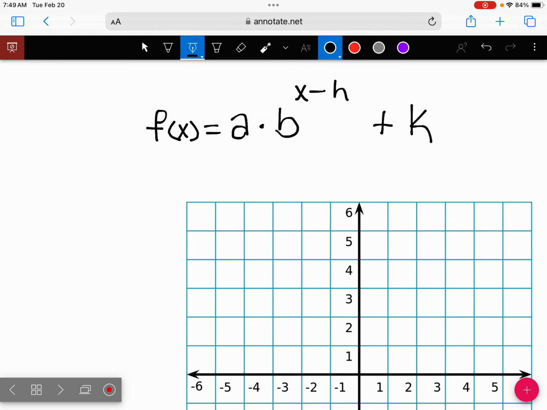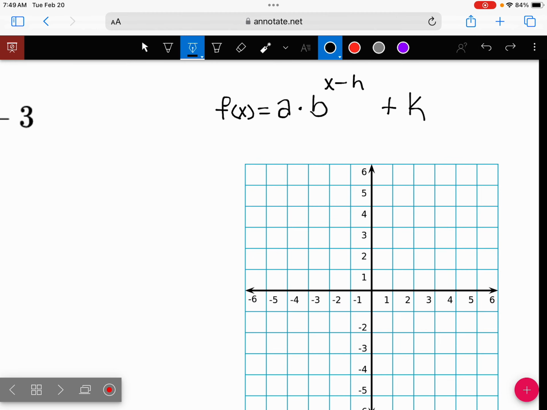So we do have a new letter here, but b is just our base. So b to the x is always going to be your parent. So this tells you everything else. So the parent function is not a transformation. It's the starting point.